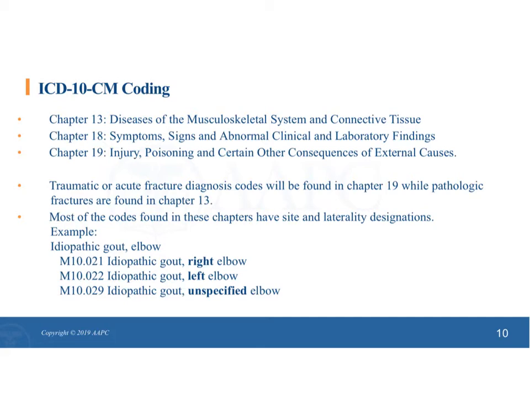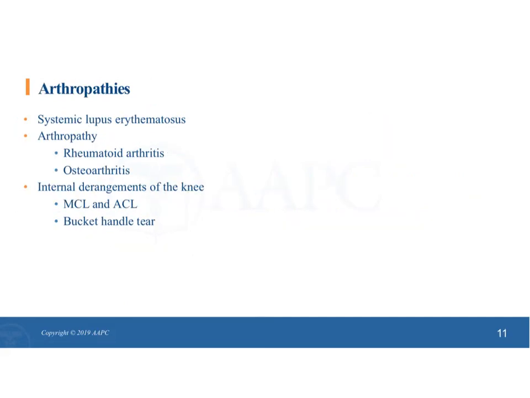The majority of chronic or recurrent conditions are coded from Chapter 13, diseases of the musculoskeletal system and connective tissue. Those codes would begin with M00 to M99. Systemic lupus erythematosus, which is M32, or lupus, is an autoimmune inflammatory connective tissue disease that affects multiple body systems.